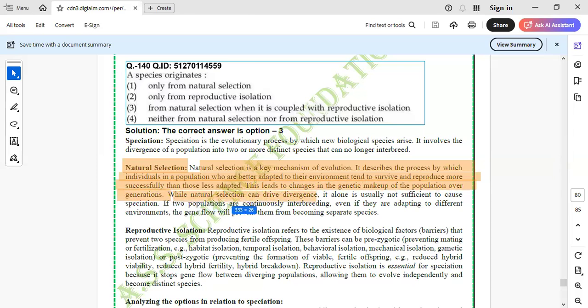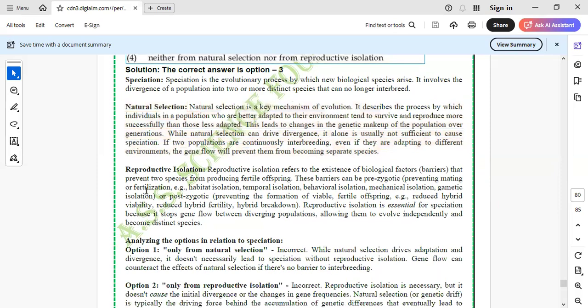While natural selection can drive divergence, it is usually not sufficient to cause speciation. If two populations are continuously interbreeding, even if they are adapting to different environments, gene flow will prevent them from becoming separate species. There should be some barrier. I have told you either reproductive isolation or geographical isolation. Only natural selection is not sufficient. So in the very next hint, reproductive isolation, which is basically responsible for sympatric speciation.